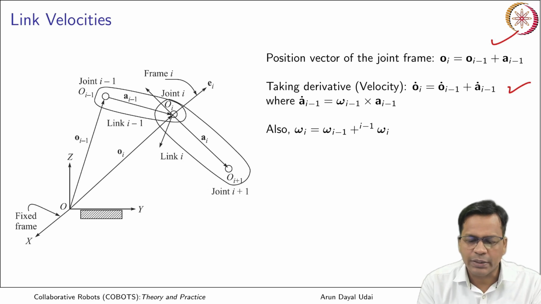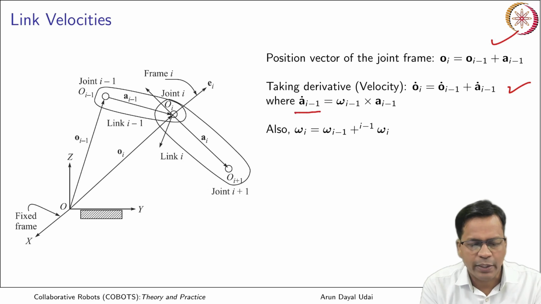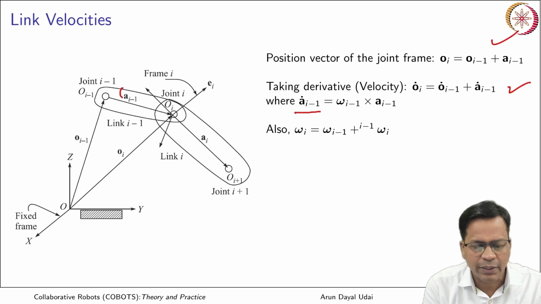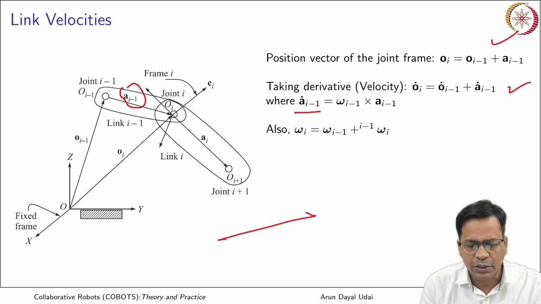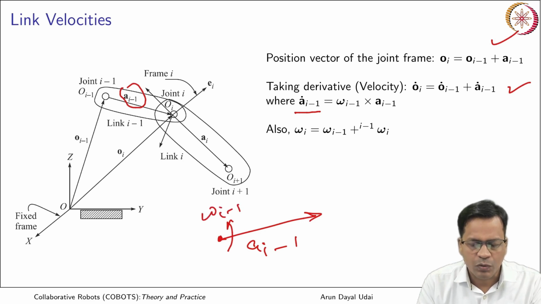Okay. So, what are these terms? If you can see it closely, how much is ai minus 1 dot? Let us isolate this link here. So, if this is ai minus 1, it is rotating about this joint by an angular velocity omega i minus 1. So, what is the velocity that is associated with it?